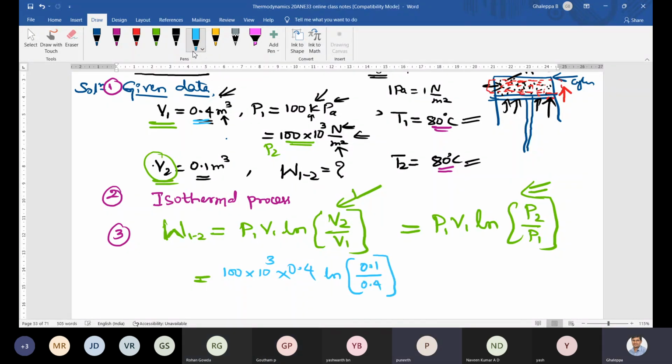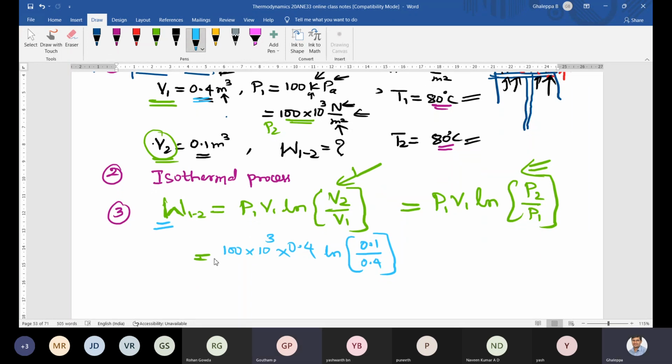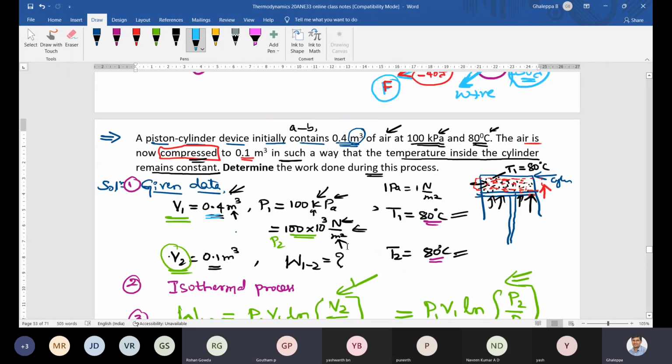Dear students, before calculating this answer, you tell me, will the value of work done be negative or positive? Negative. Why is it negative? Sir, because V2 is compressed to 0.1. Yes, the process is compression.